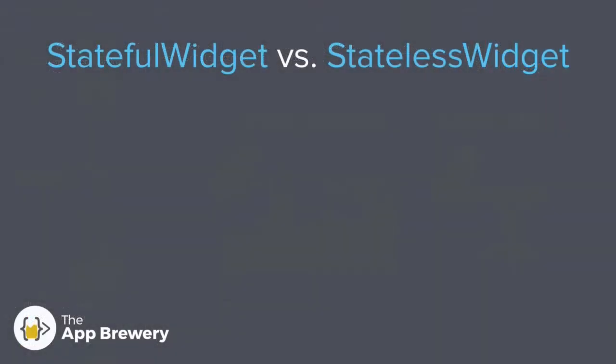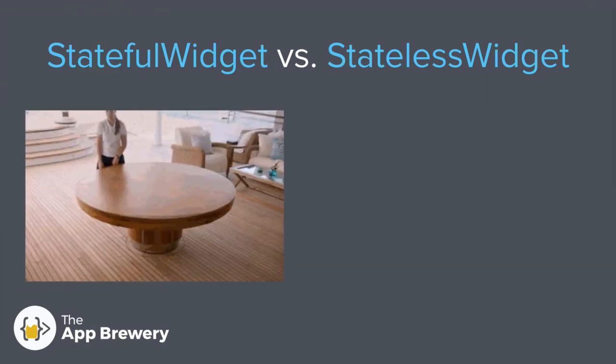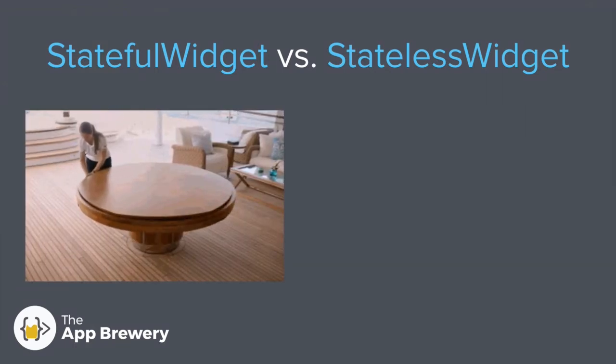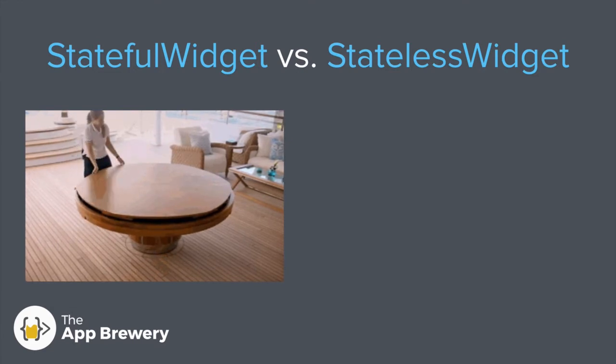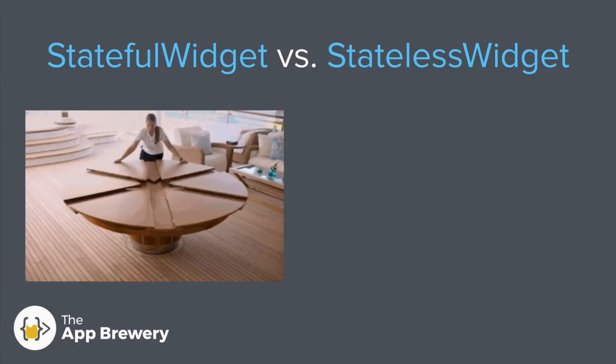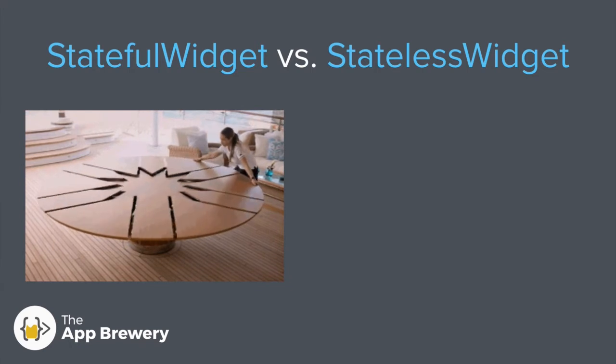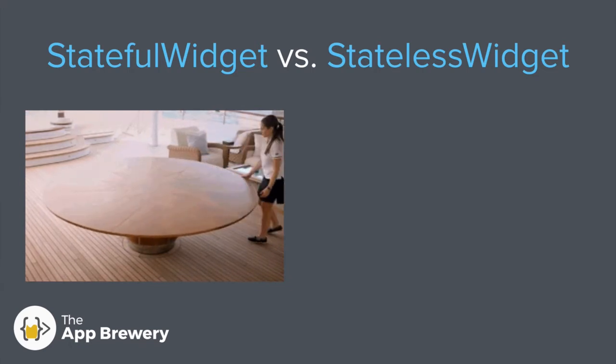So if you remember, the difference between a stateful and a stateless widget is kind of like this. A stateful widget you can think of as something that can change, and it can vary its state depending on the value of those variables.